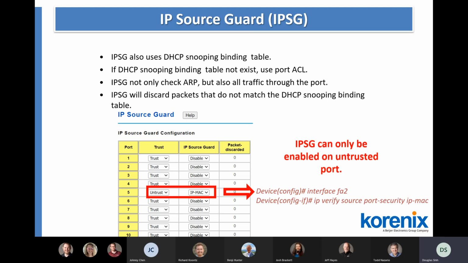To enable IP source guard, it is usually used with the DHCP snooping table, no matter whether it is a dynamic IP address or a static DHCP binding.